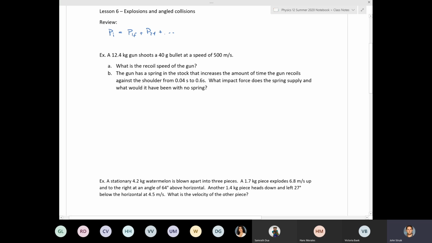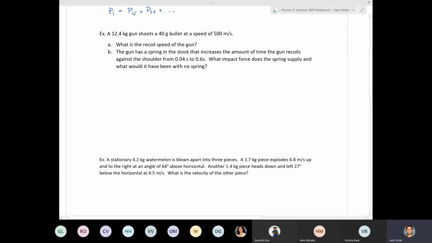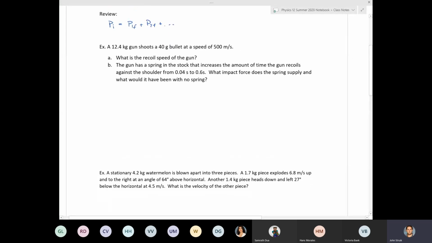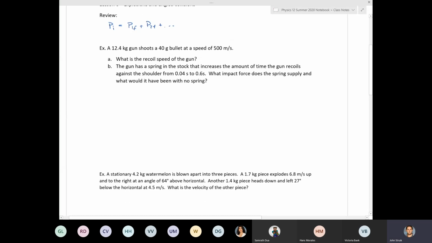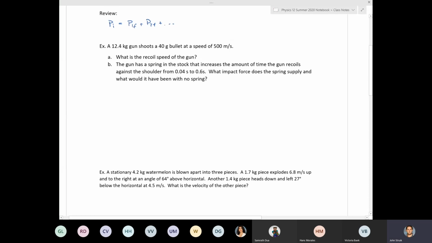There are recoil questions, like the recoil speed of a gun shooting a bullet. And then we have explosions, like in this one where we're exploding a watermelon. So let's do recoil first.